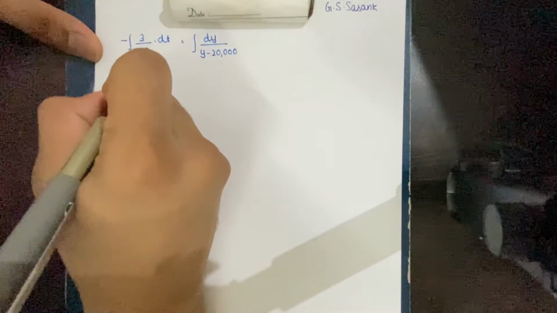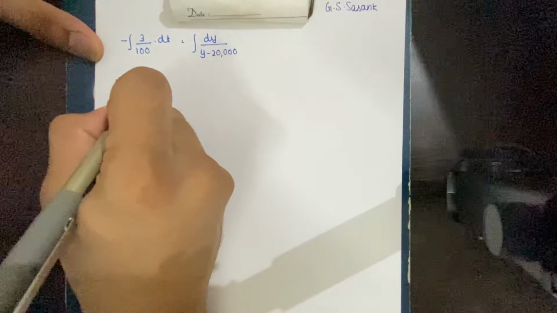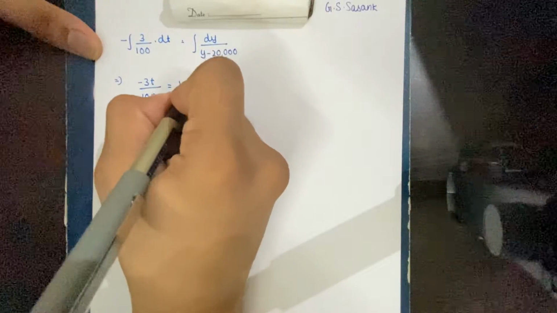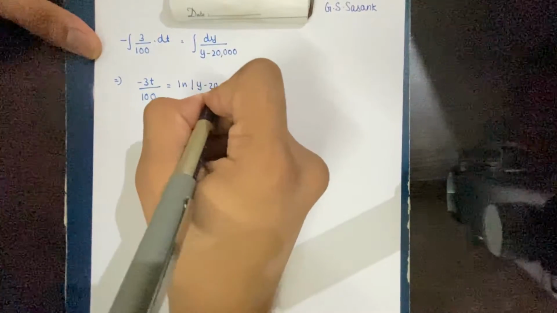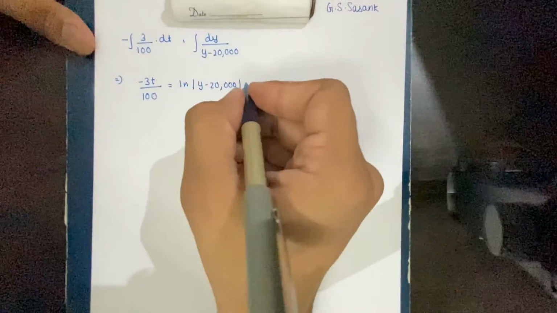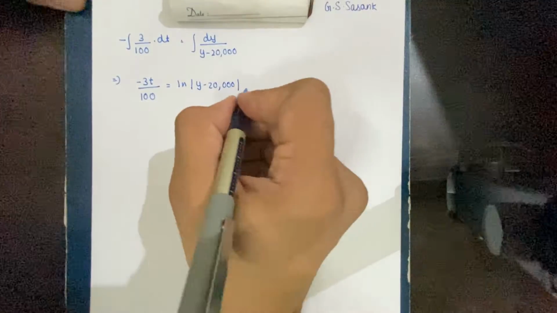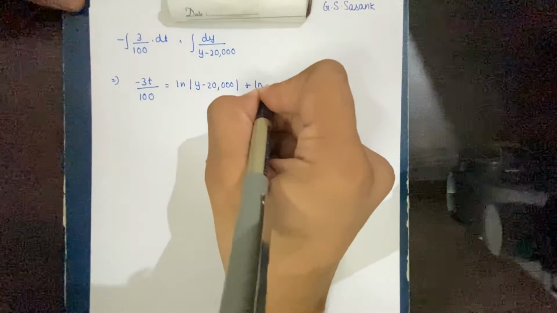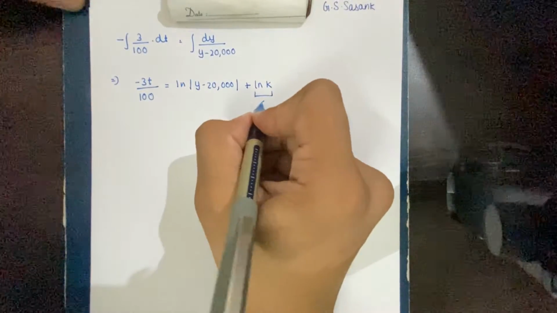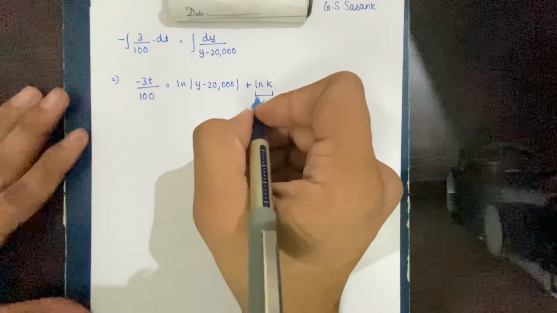Let me just arrange this. That's pretty straightforward. On the left hand side we get minus 3t by 100 equals natural log of mod of y minus 20,000. It's normal integration. For the constant we can take plus c, but let's take ln of k because that makes our calculation much easier. That's basically the constant of integration.